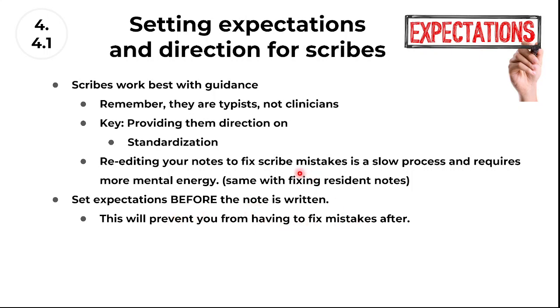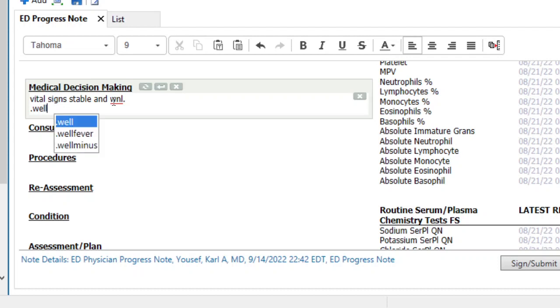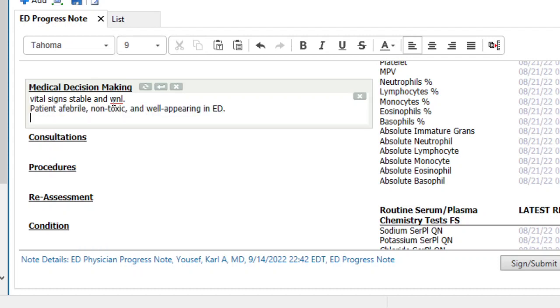If there are long words like leukocytosis or hyponatremia, please make sure to include those as dot phrases, and I can show you here that they are included. For example, if we were writing a note and our patient came in looking well, everything else was fine, but we did note that they are here with weakness, and on labs that they have hyponatremia.